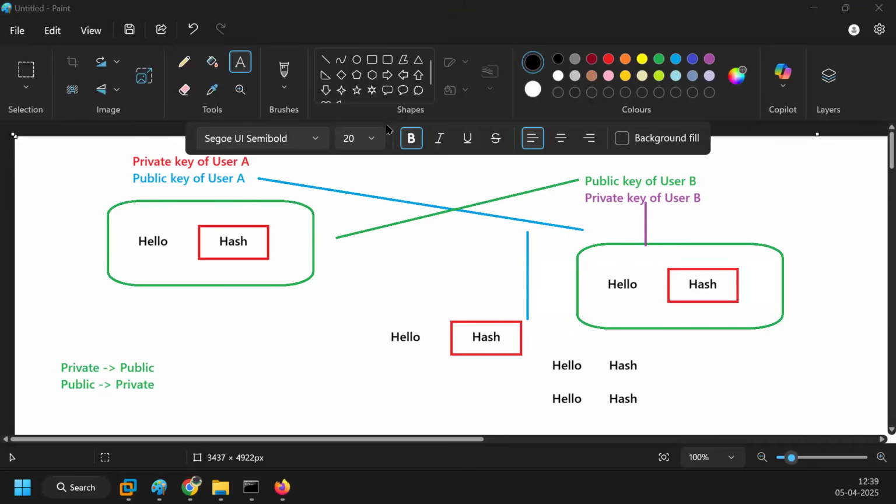But actually, you can see that for decrypting the whole message, we are using the private key of user B. And the private keys are never ever shared. Because of that, we will be able to ensure the confidentiality. The attackers won't be able to find the true data which was being shared. Are we clear?